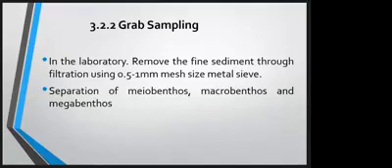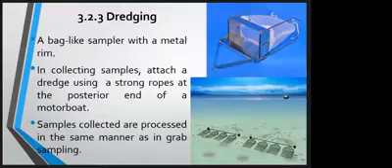So that's it. Another type we have on how to get samples in terms of benthic community is dredging. It is a bag-like sampler with a metal rim, and in collecting samples, you attach the dredge using strong ropes at the posterior end of the boat, and the samples collected are processed in the same manner as in grab sampling. What it does is very simple, dredging.